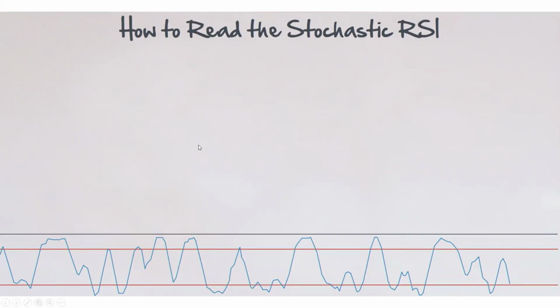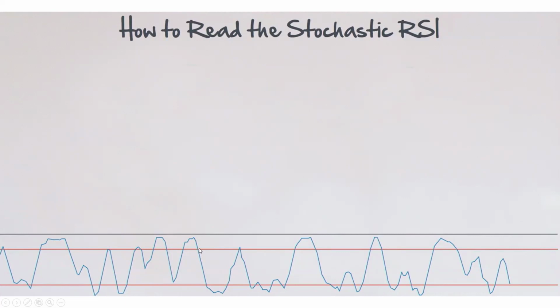So this is the stochastic indicator. The stochastic is, as you can see, a kind of wave. It moves in the form of a wave because the market is actually a wave.